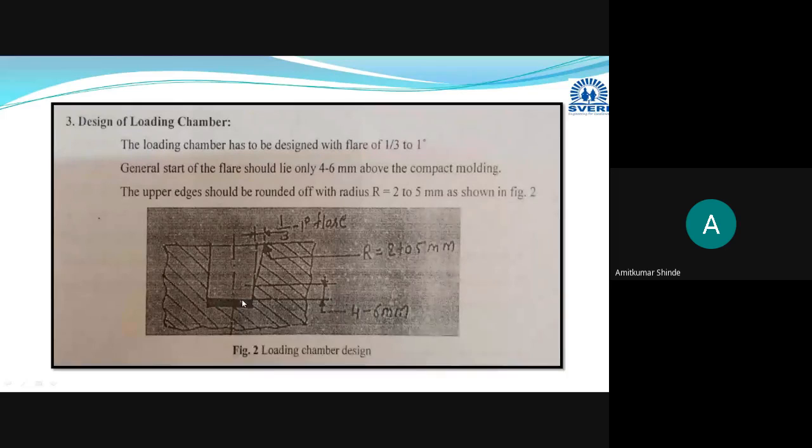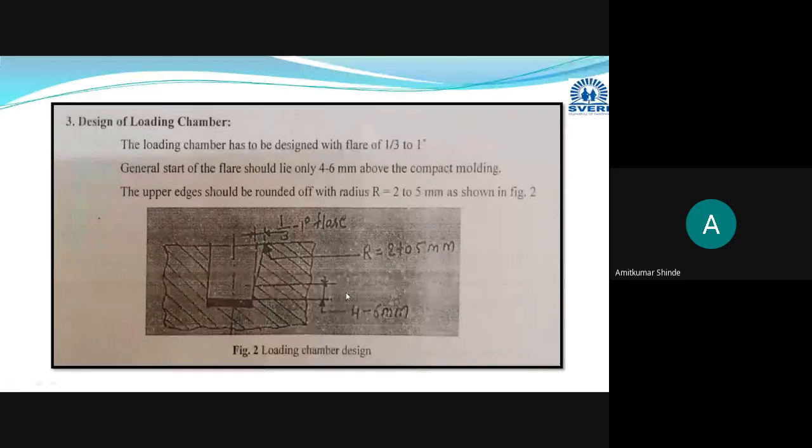After that, the flare will start. At the top, the corner is rounded off by providing a radius in the range 2 to 5 millimeter. So these are the design guidelines related to the loading chamber.